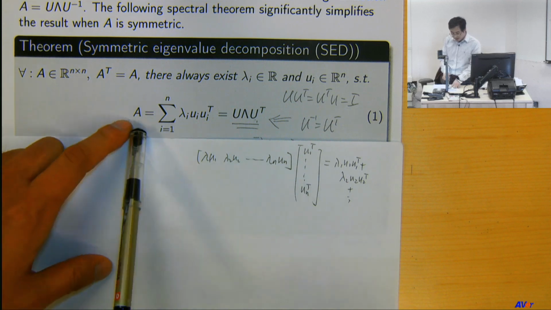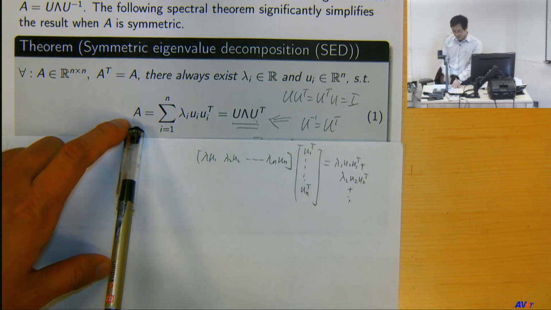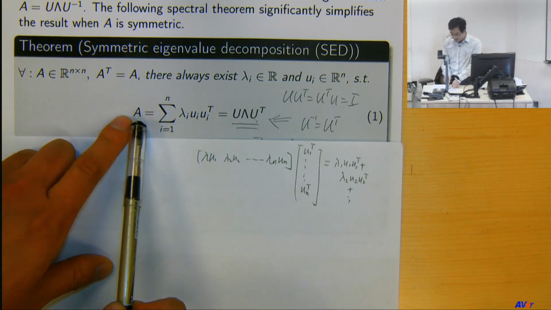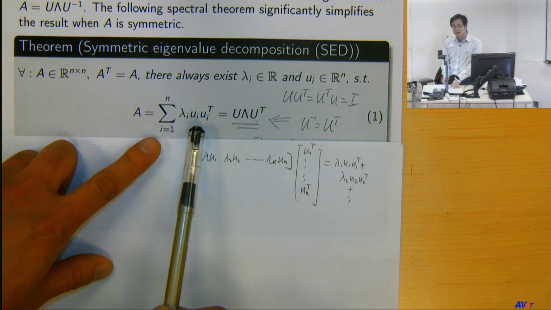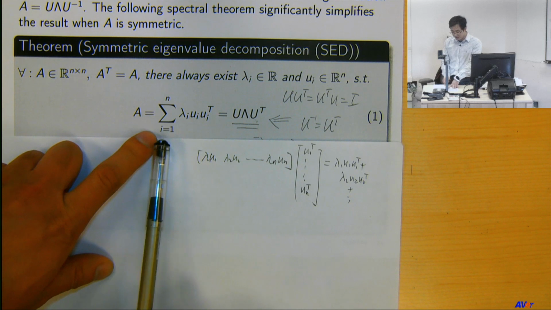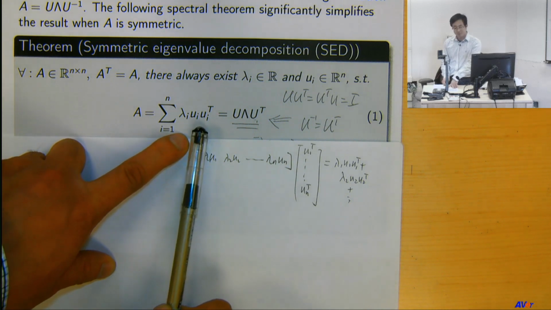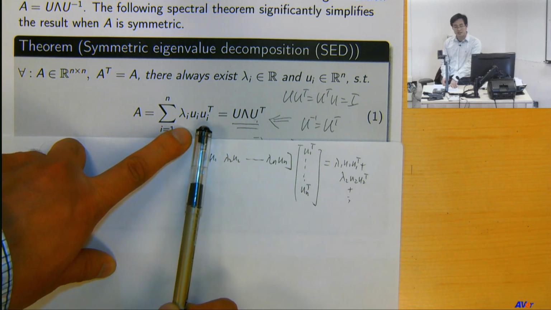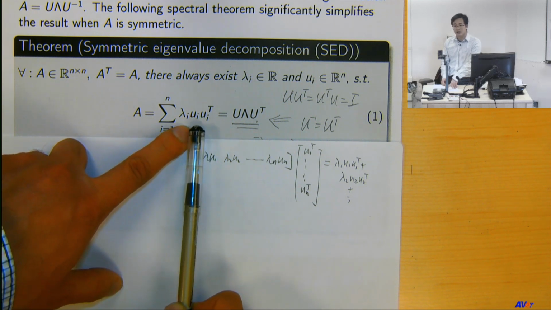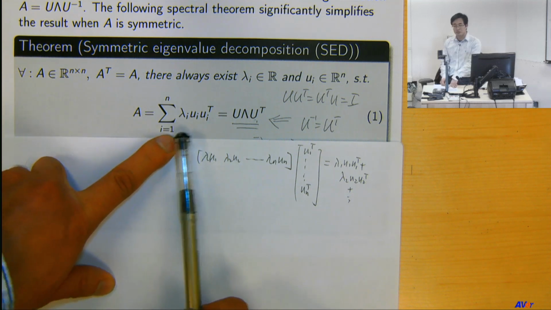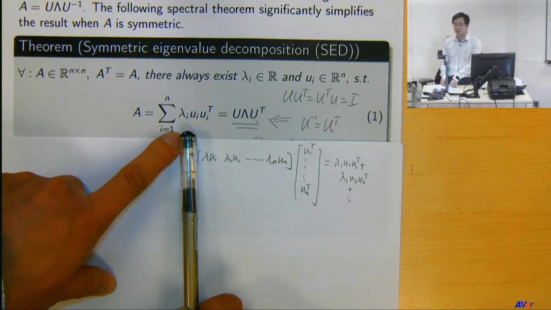We may have a gigantic matrix A. However, as long as it's symmetric, we can decompose this matrix A into these very much simplified structures, right? It's the summation of these small submatrices. And these small submatrices are rank 1 matrices, guaranteed. So we have decomposed maybe a rank n matrix into a bunch of rank 1 small submatrices.